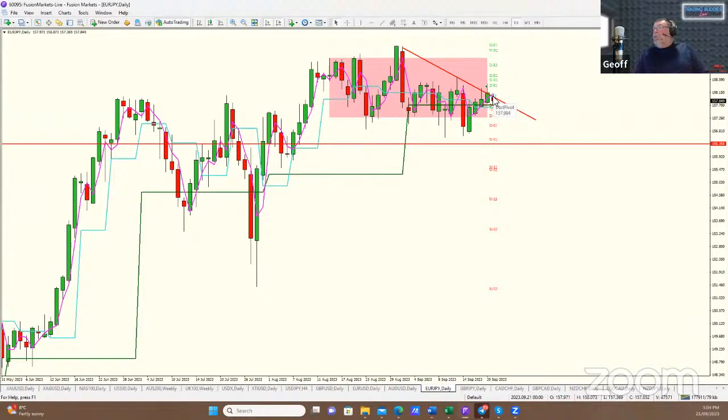That really hasn't done too much. And I'm reticent to go back in. And the reason is because we've got the Bank of Japan tomorrow with their interest rate announcement. And despite the fact that Forex Factory is telling us that the economists are tipping no change to the negative 0.1% that the Bank of Japan has in place, there was a lot of talk around that the BOJ was going to come out of negative interest rates, and of course, timing's everything.